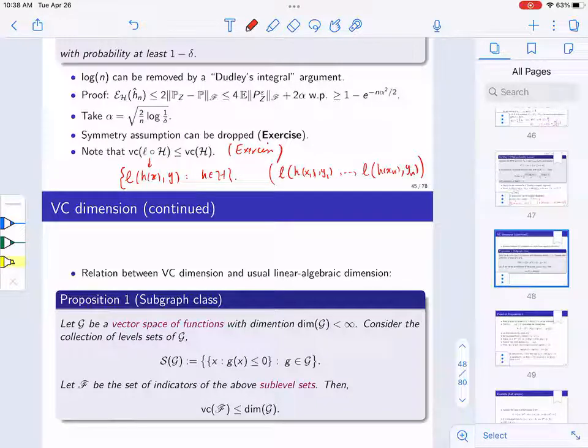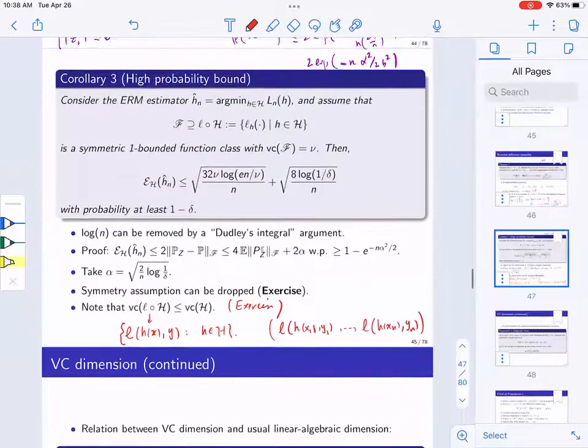So you assume that, for example, this is bigger than nu, then show that it has to be bigger than nu. Or this is equal to nu, then this has to be bigger than or equal to nu. So this is nice because you just don't have to worry about the loss class. It could be smaller, like the loss could be constant everywhere. But generally speaking, if this is not that loose, then you can just worry about the VC dimension.